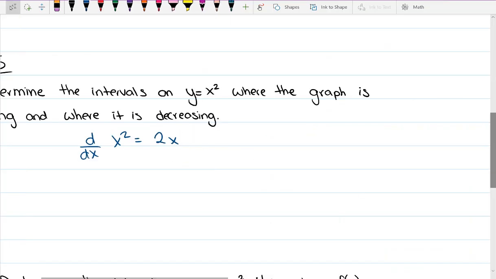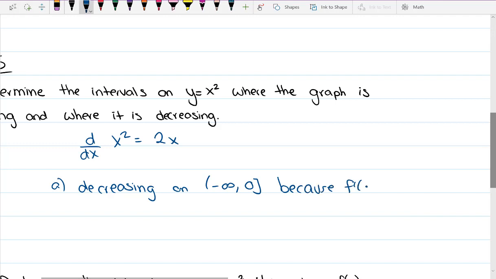So our function then is decreasing on the interval negative infinity to 0 because f prime of x is equal to 2x, which is less than 0 on the interval negative infinity to 0.